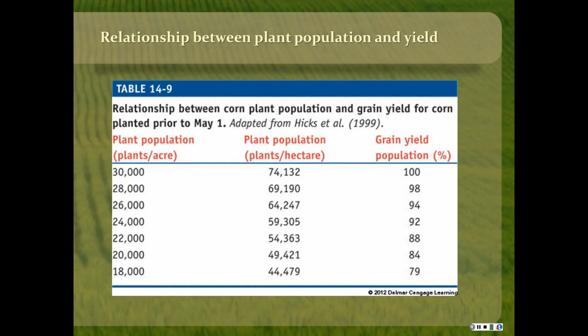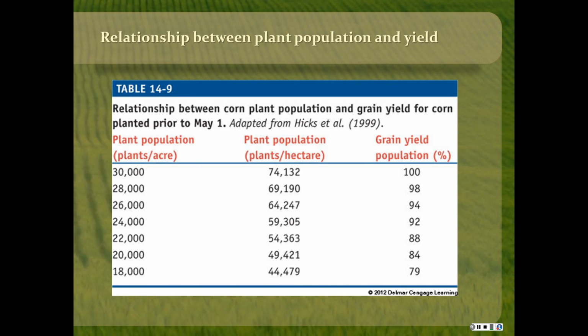This is just the relationship between plant population and yield, just for Minnesota. I think it's the relationship between corn plant population and grain yield for corn planted prior to May 1st. Basically, the plant population per acre was 30,000 per acre, the grain yield was 100%, and the yield went down as the plant population declined.